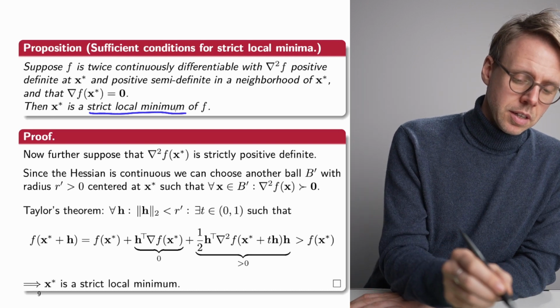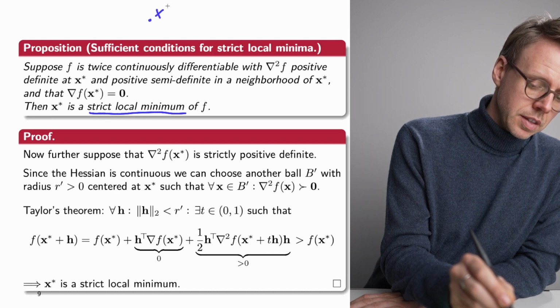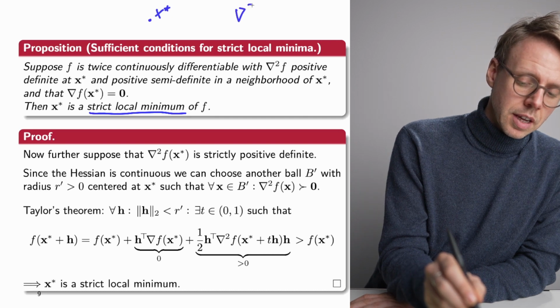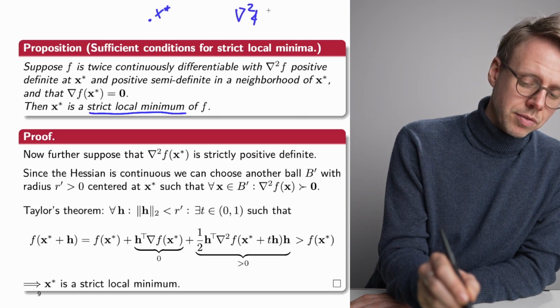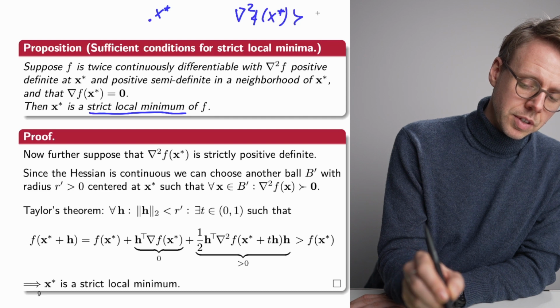So again, we have a point x star with a Hessian of f at x star that is positive definite.